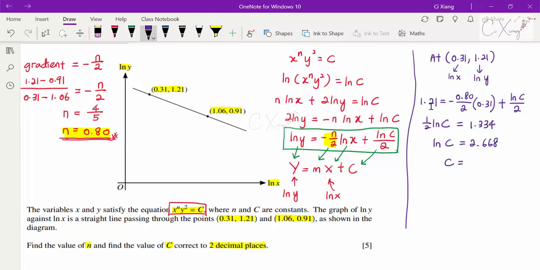Hence, to get the value of c, you bring the ln over, and it becomes e to the power 2.668. Then by pressing the calculator, you get the answer in 2 decimal places. The answer for c should be 14.41.